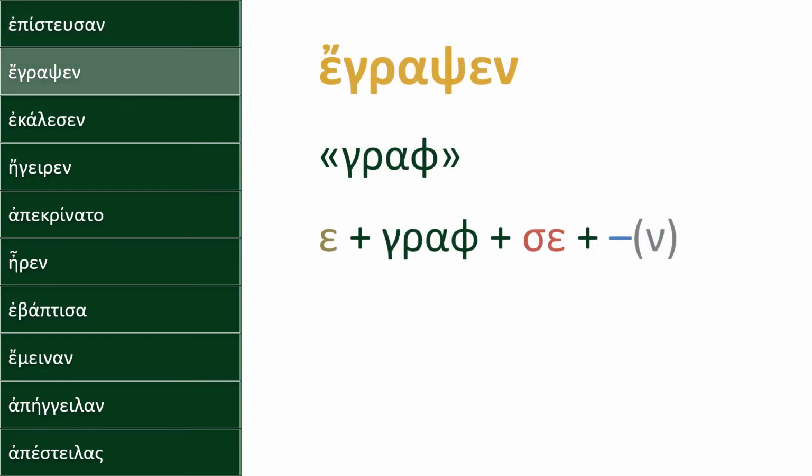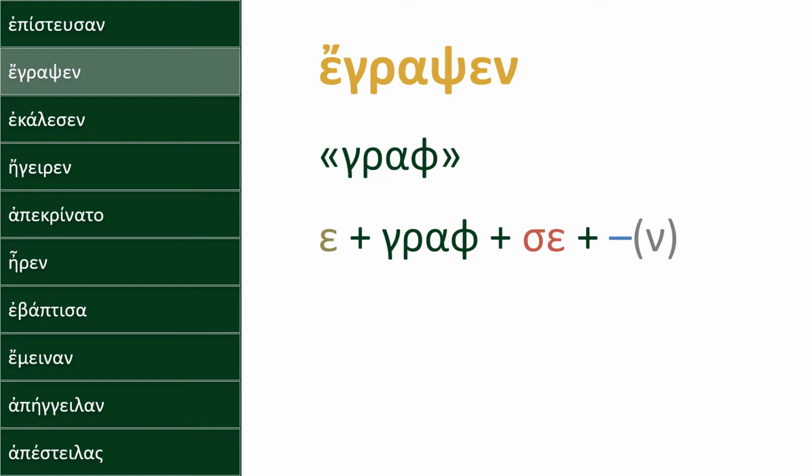Egrapsen, aorist active indicative 3 singular from grapho, meaning he, she, or it wrote. The root is graph. The formation is from the augment epsilon plus the tense stem graph plus the tense formative se. Remember the tense formative for the 3 singular active is se instead of sa.